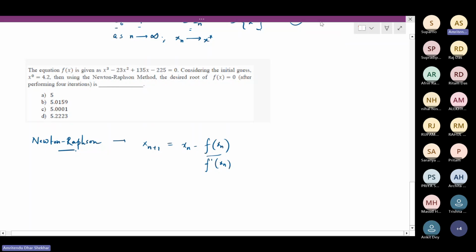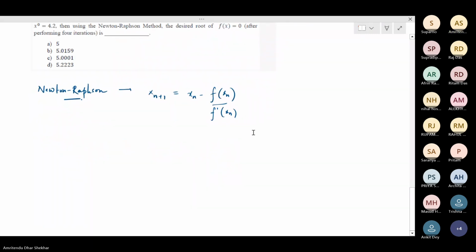Let me draw a picture first. As before, this is your function, and you have a root at x star, and you have some estimate of the root, which is at xn.